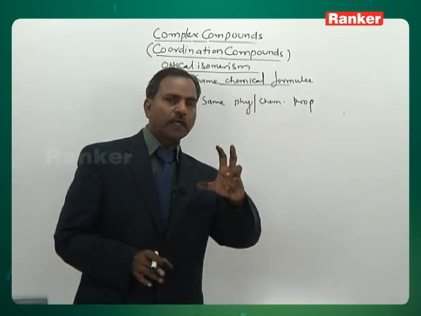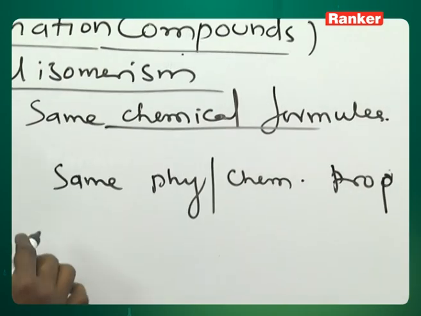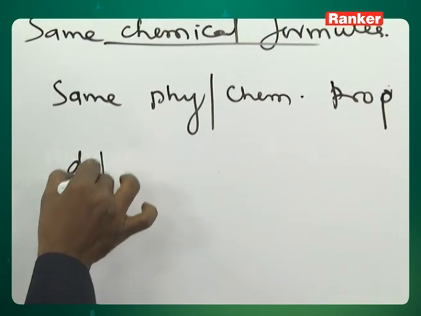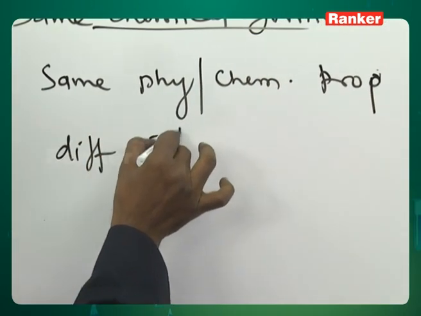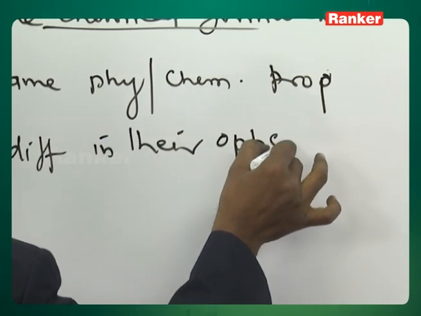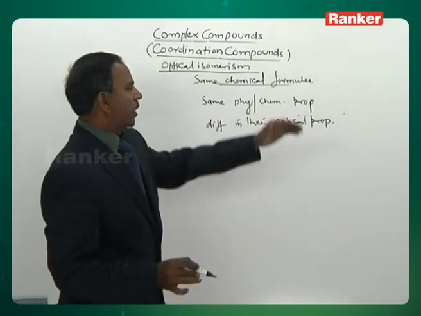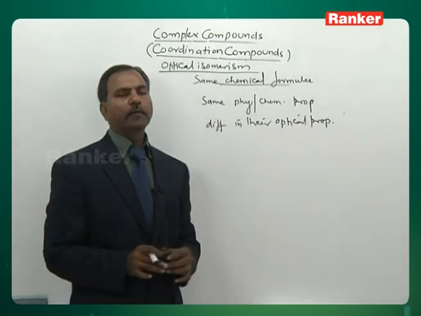That means they differ in their property towards the plane of polarized light.